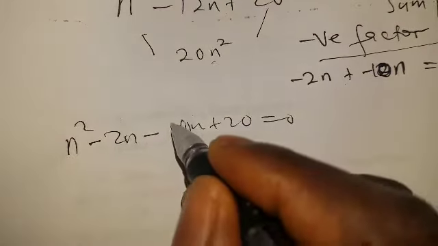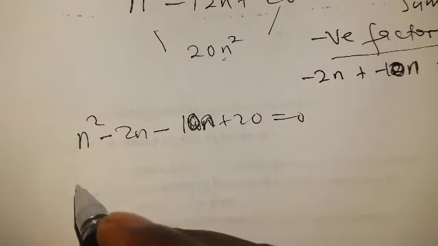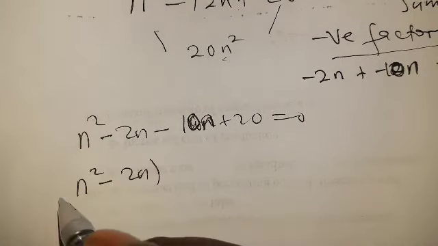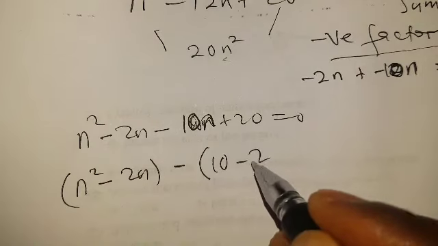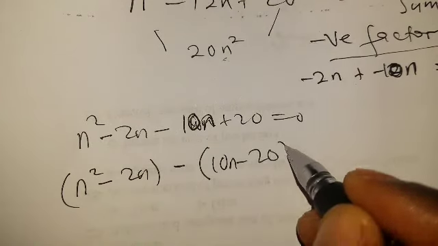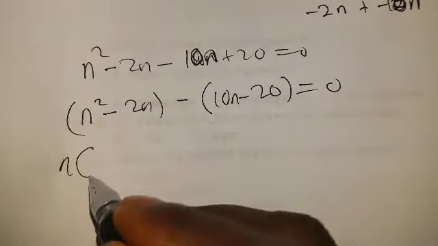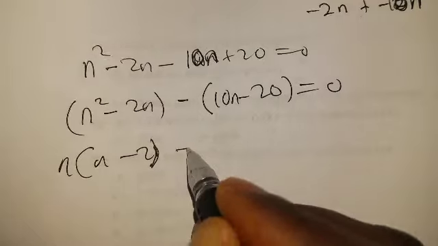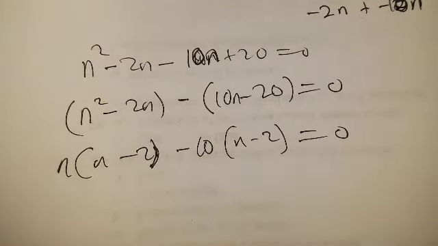So you can take this one, n, factor out n minus 2 in bracket, and factor this out, you have minus 10 times (n minus 2), all equals 0. So you have n minus 10 into n minus 2 equals 0.